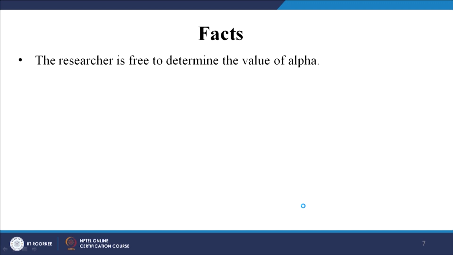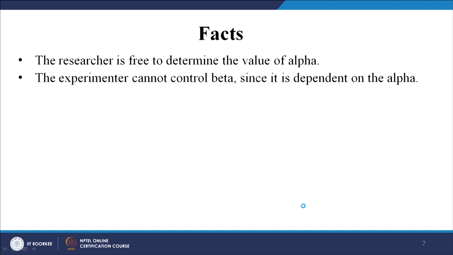Facts. The researcher is free to determine the value of alpha, we have already discussed significance level or alpha. The experimenter cannot control beta, since it is dependent on the alpha. I have said in the first lecture series also that we are testing the null hypothesis.